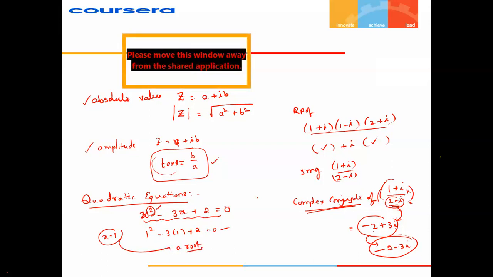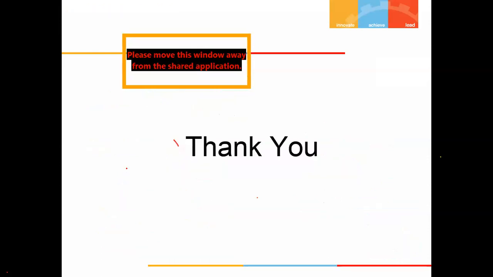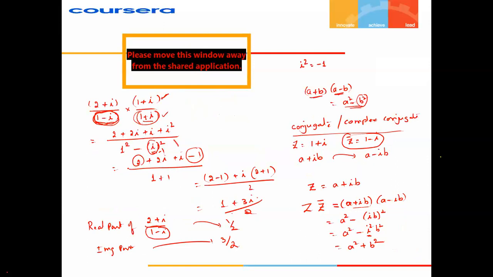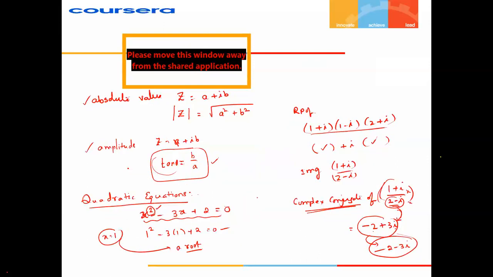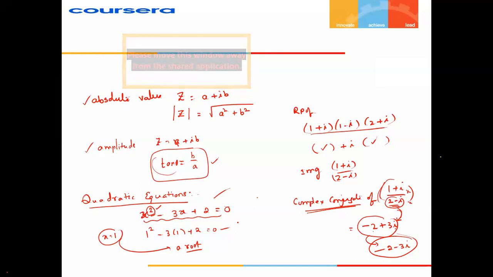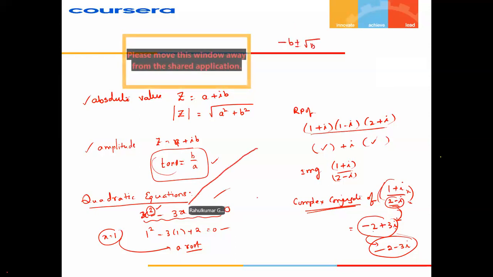Okay, how to do this? How to find the roots of a quadratic equation? One way is factorization. If factorization is not possible, then we go for the formula x = (-b ± √(b square minus 4ac))/2a.